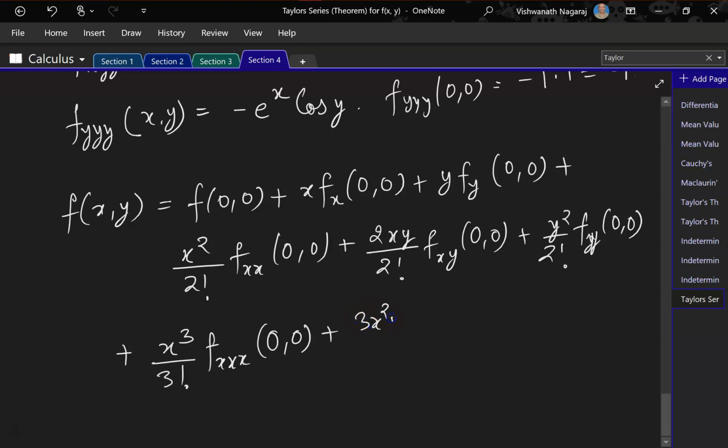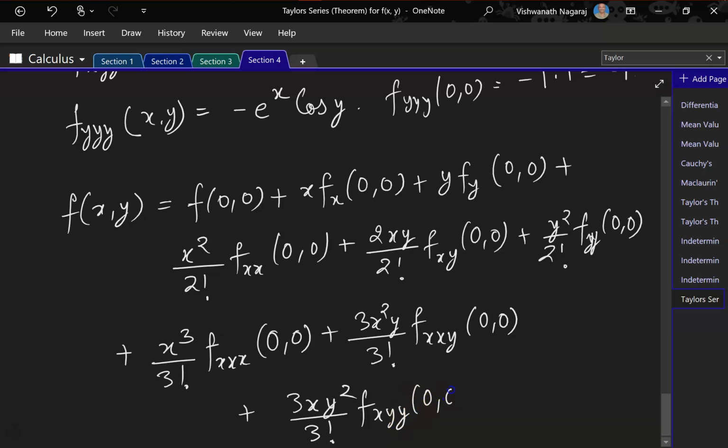3x square y by 3 factorial f xxy 0 comma 0 plus 3xy square by 3 factorial f xyy 0 comma 0 plus y cube by 3 factorial f yyy of 0 comma 0 and so on.